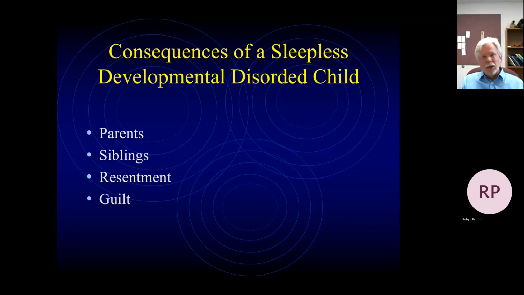So if you have a child with developmental disabilities that has particular needs during the day and is sleeping poorly at night, that child will take away care from the parents towards the healthy child. So instead of 50% of the parental attention being given to one child versus the other, it may be 75, 80, 85% or so. The parents often will remark that they feel bad about that situation.